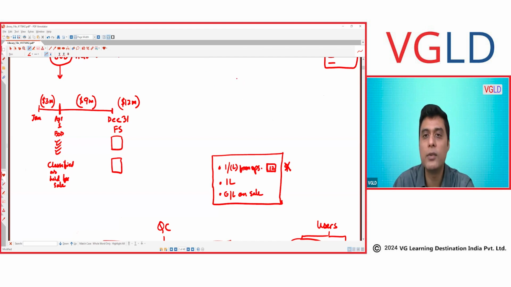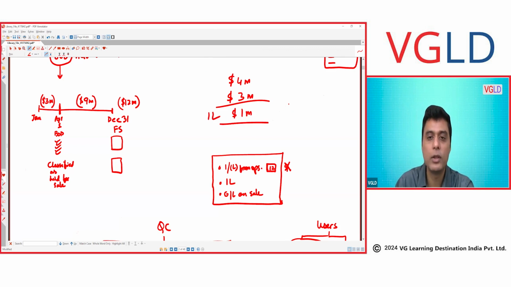If Maruti 800's value was, suppose, $4 million, now on the date it was classified as held for sale, they got a fair valuation done and they found out that it is now being valued at, let's say, $3 million. That means there is a $1 million impairment loss. So this impairment loss will also come over here, right?